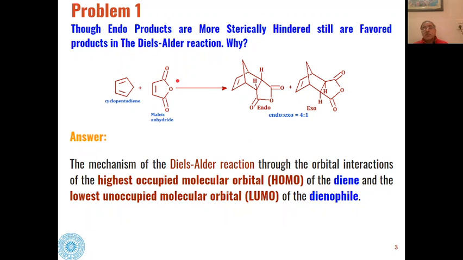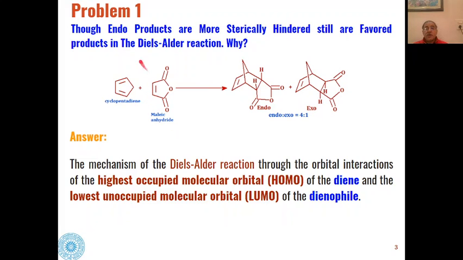So first example is the endo products. They are more sterically hindered, but still they are favored products in case of Diels-Alder reaction. Why does this happen? The answer lies again in the kinetic and thermodynamic stability of the transition states which are formed during these reactions.